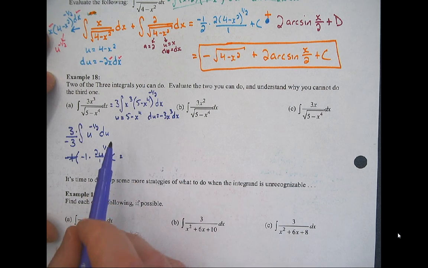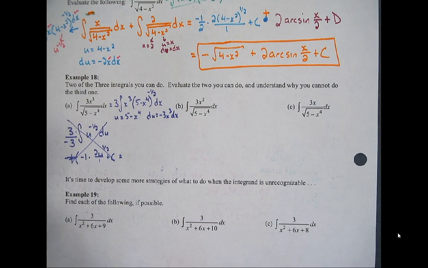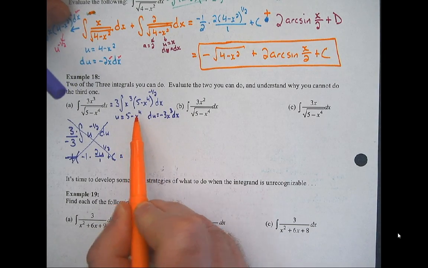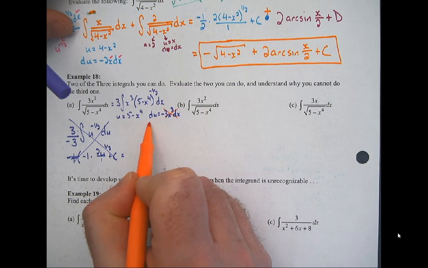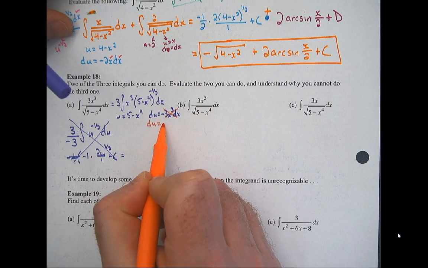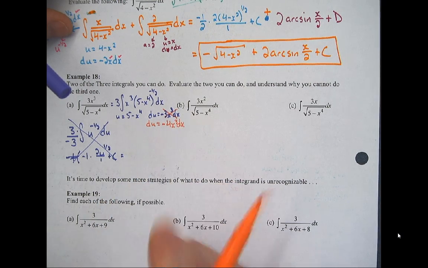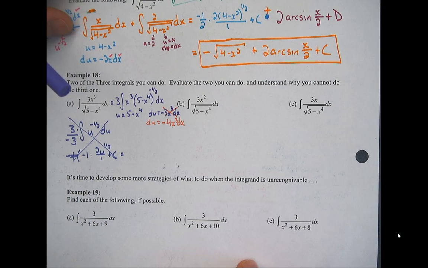Oh my gosh. Hopefully you corrected my, did you find my mistake? I got to go way back and fix it. What's the derivative of negative x to the 4th? It's not this. Du would be negative 4x to the 3rd dx. Sorry if you just watched 2 minutes of the video with me having the wrong derivative there.